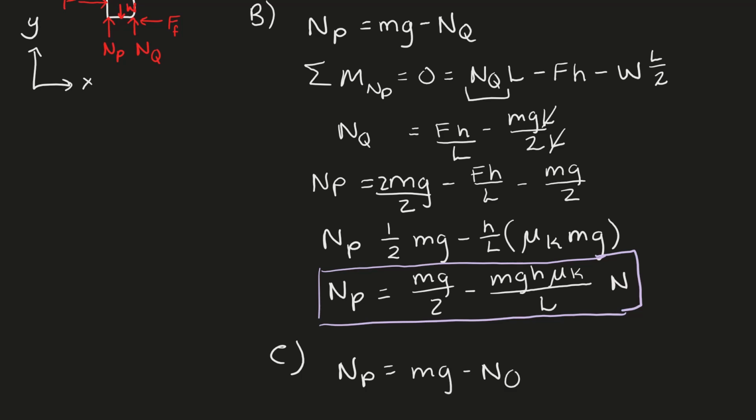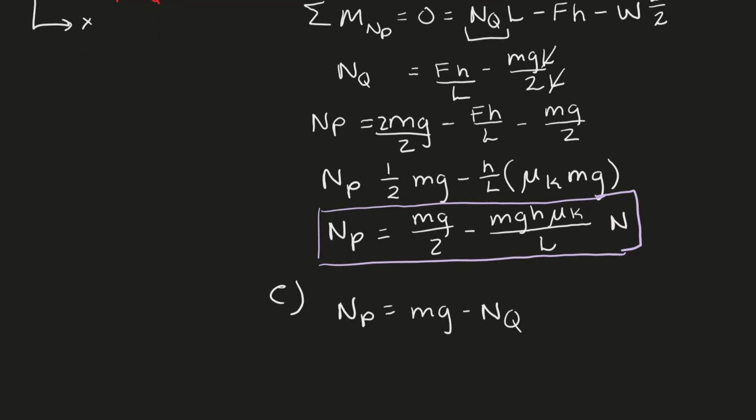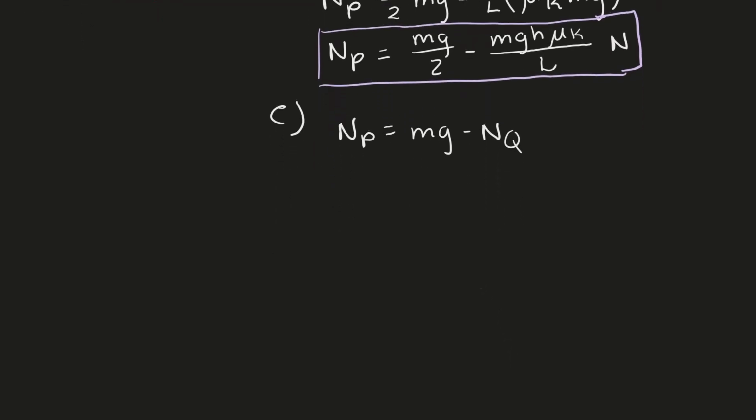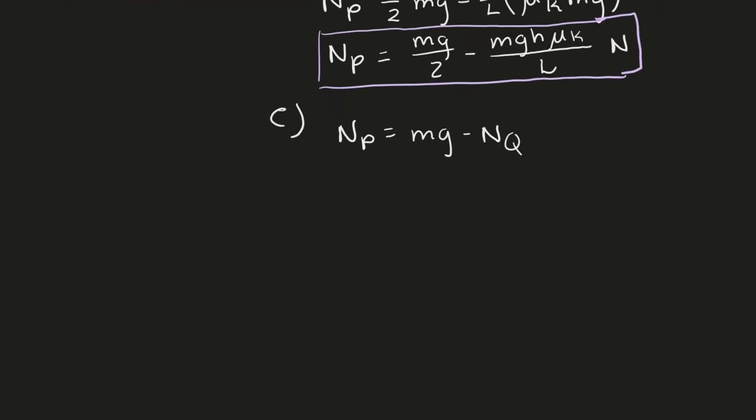So this time, go down to give us some room. This time we're solving for NQ. So I can say NQ equals mg minus NP, like that. And we just said from the previous problem right above that NP, let's plug our answer in there.